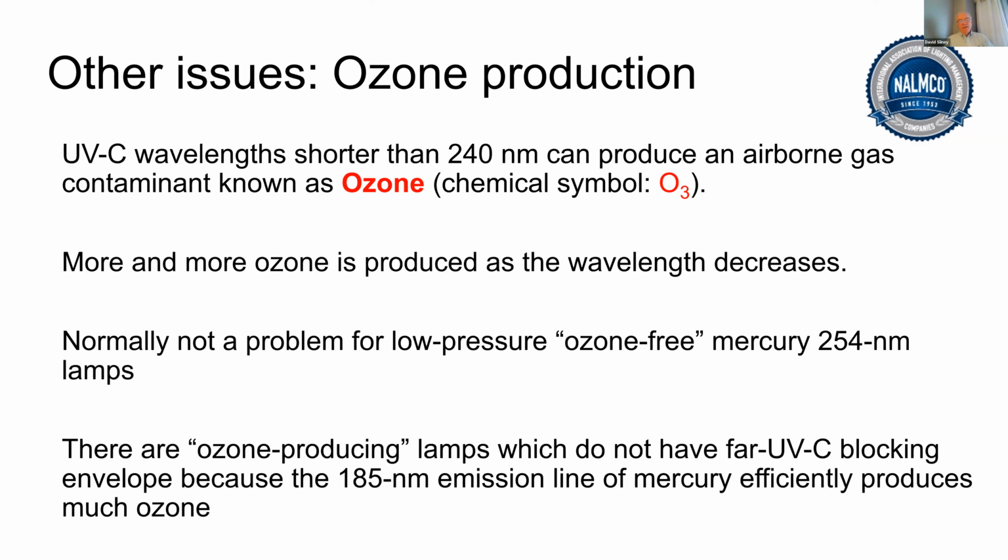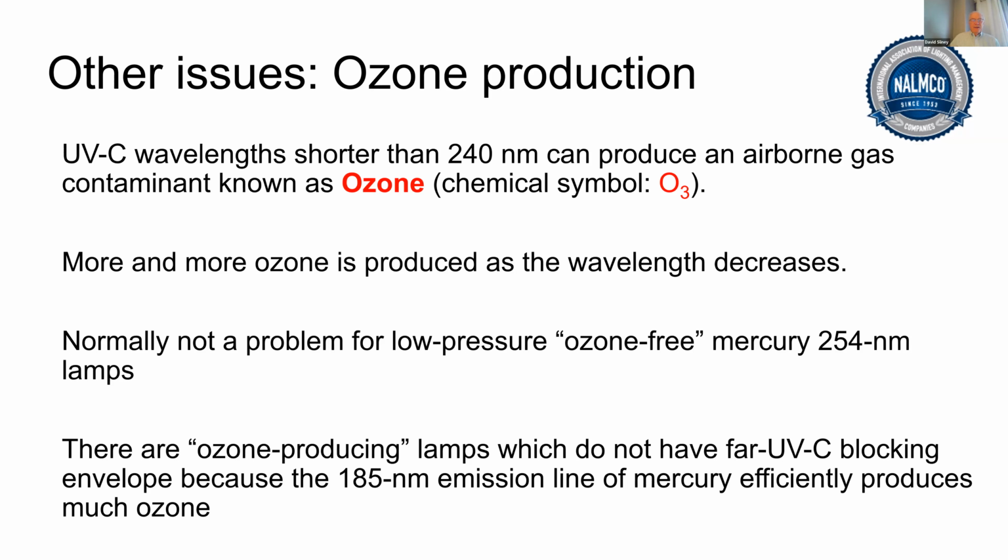And you want to check, there are some low pressure mercury lamps that are intended to produce ozone for some chemical reactions and use where there's no one who might be exposed.